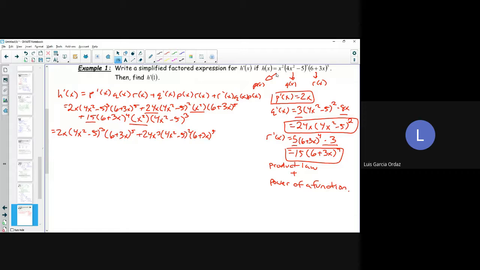And then plus 15x squared times (6 plus 3x) to the power of 4 times (4x squared minus 5) to the power of 3. How many of you guys are freaking out already?